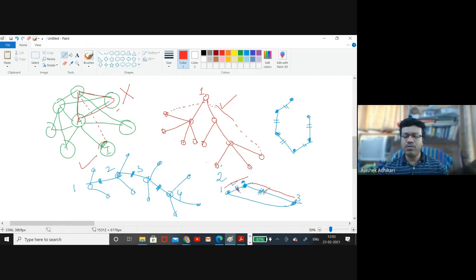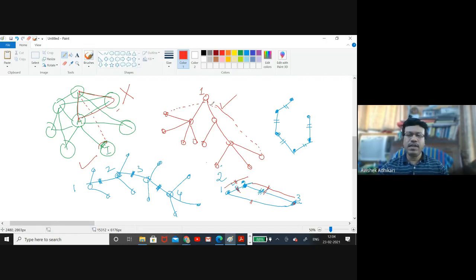But if you travel through this one, you travel only one edge. So the distance is the minimum of the lengths of all such paths, and the length of a path is the number of edges present within that path. Here one path has length 2, whereas the other has length 1. So the distance between 3 and 1 is the minimum of 2 and 1, that is 1. Is it clear?